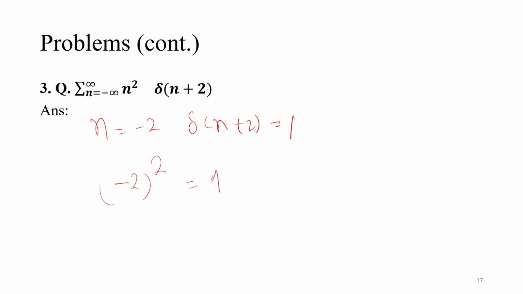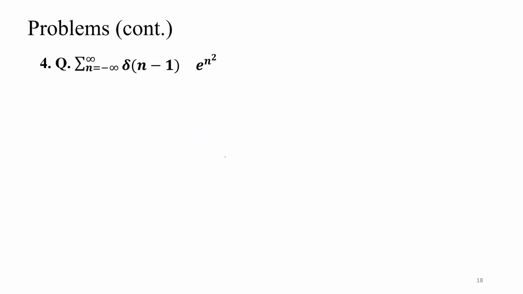It is 4. Next, it is del of n minus 1 e to the n square. So when n minus 1 equal to 0, we will get del of n minus 1 equal to 1. So n equal to 1 here, so e to the power 1 square, n now 1. So it is e to the 1 or e.